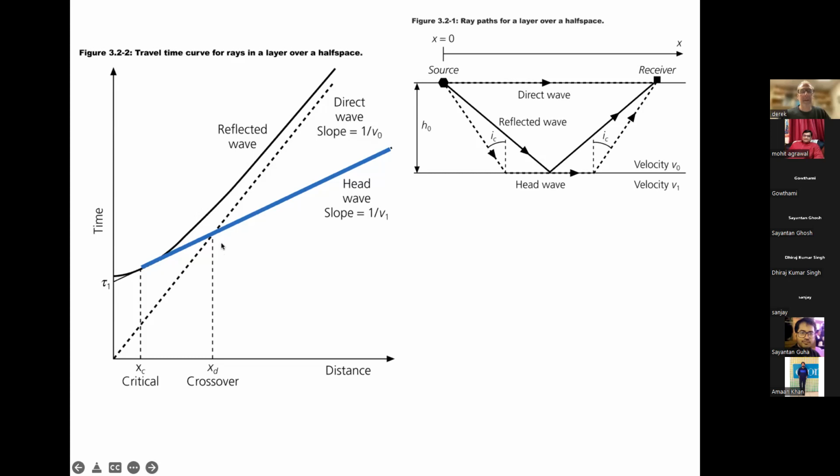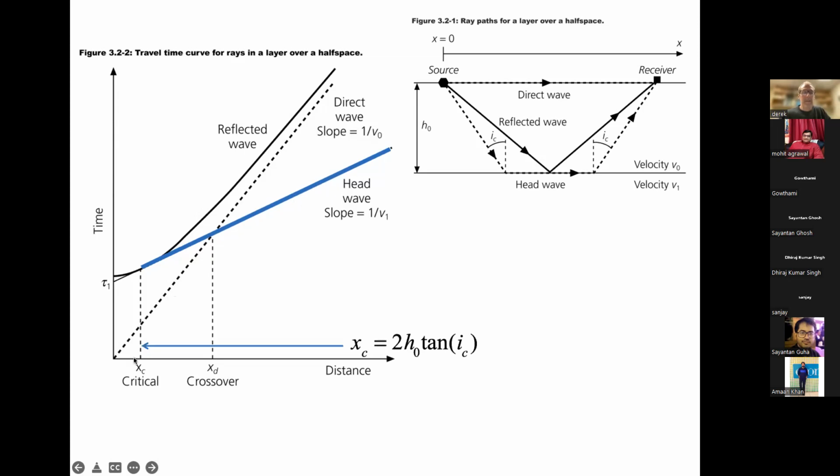Now, typically in real seismograms, it's easiest to see the first arrival. So the first arrival will be the direct wave until I reach the crossover distance, at which point it will be the head wave. So we would calculate 1 over v naught from this wave and 1 over v1 from this part of the travel time distance diagram.